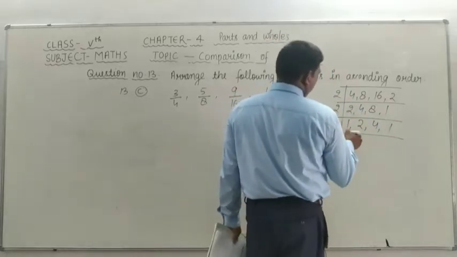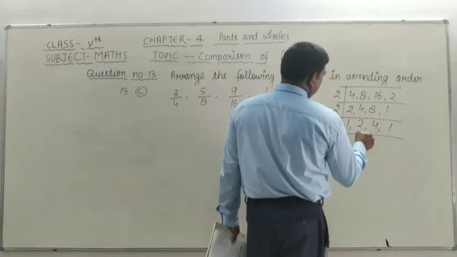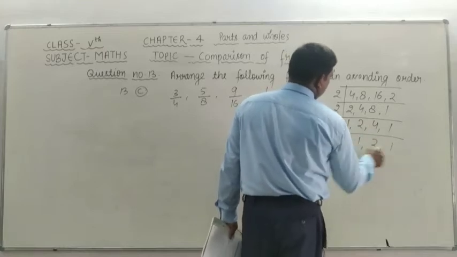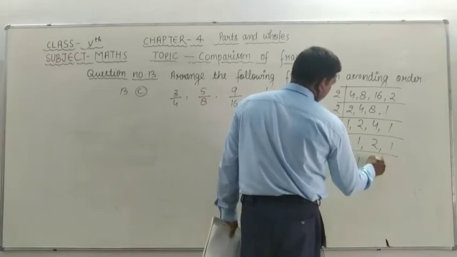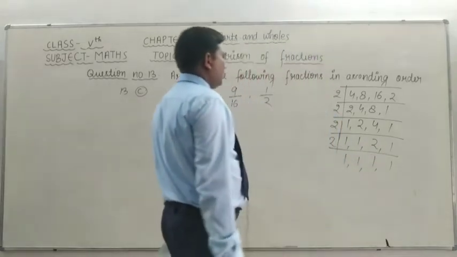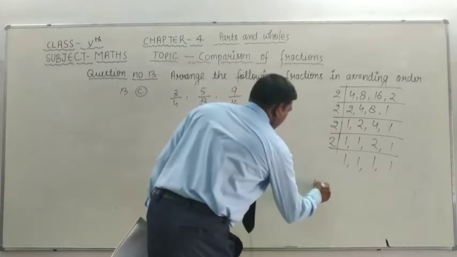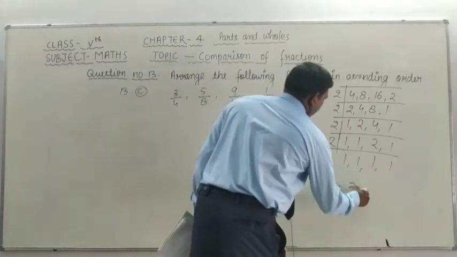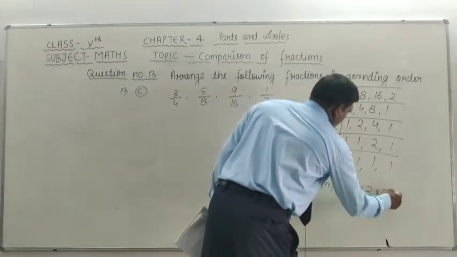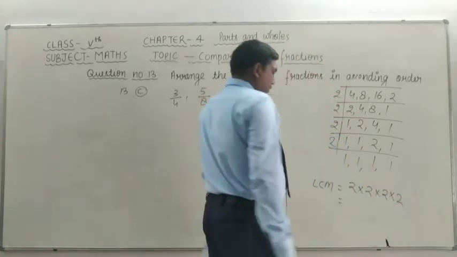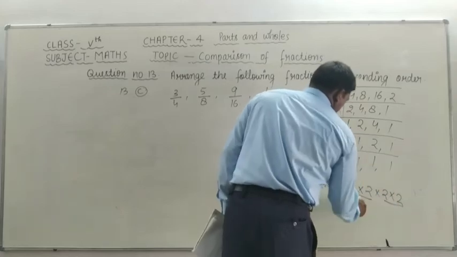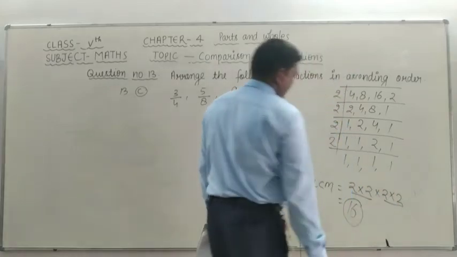Again we take 2, 2 ones are 2, 2 twos are 4. Again we take 2, 2 ones are 2, 1. Then LCM is equal to 2 into 2 into 2 into 2. 2 twos are 4, 4 fours are 16. After multiplying these we get 16.